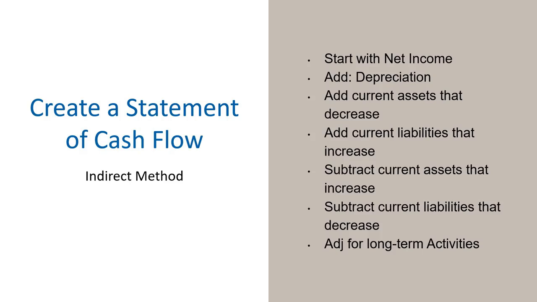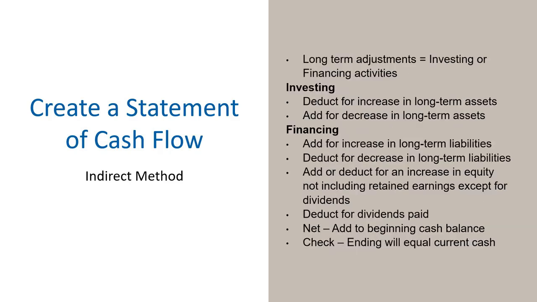After this, I adjust for my long-term activities. So all of what you have seen here, the depreciation and adjustment for current assets and current liabilities, results in the cash flow from operations. After I've completed my operating portion of my statement of cash flow, then I go into the long-term section.